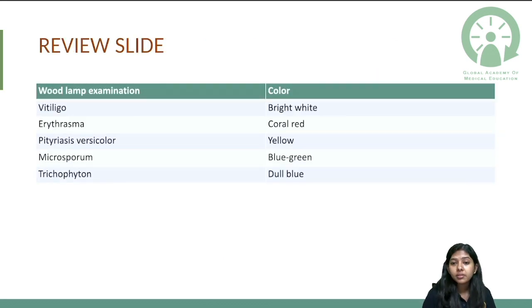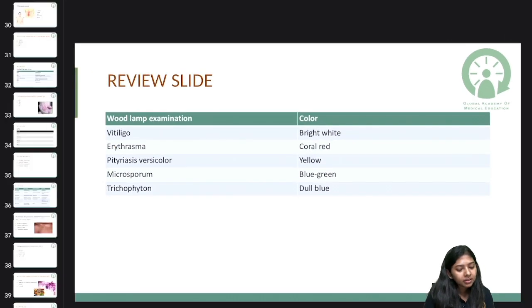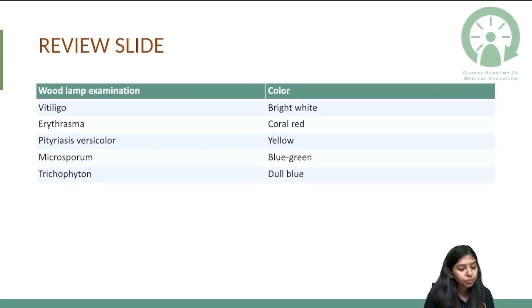What is the fluorescence in different diseases that you get? Please take a screenshot of this also. Vitiligo, you get a very bright white fluorescence, right? Erythrasma, you get a coral red fluorescence. What is the causative organism of erythrasma? Corynebacterium minutissimum, okay? Pityriasis versicolor, caused by Malassezia globosa, you get a yellow fluorescence.